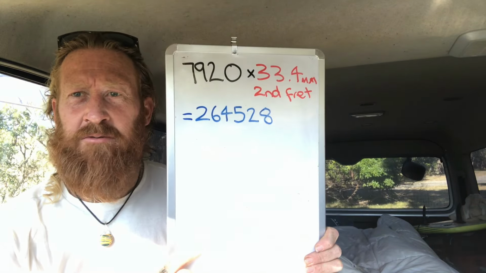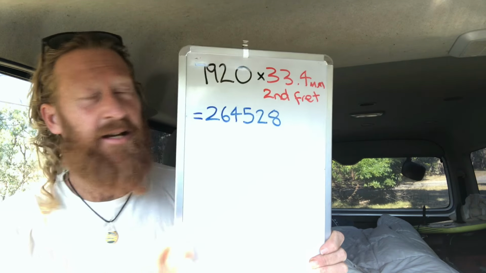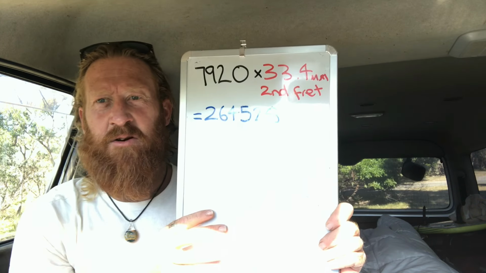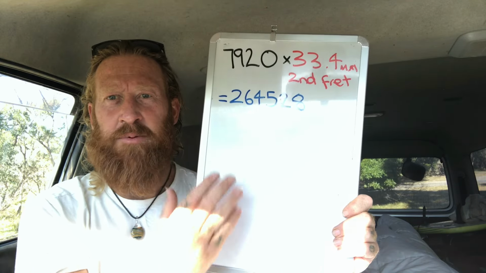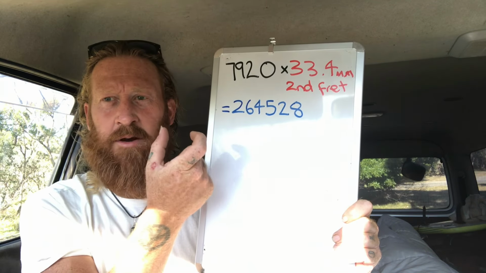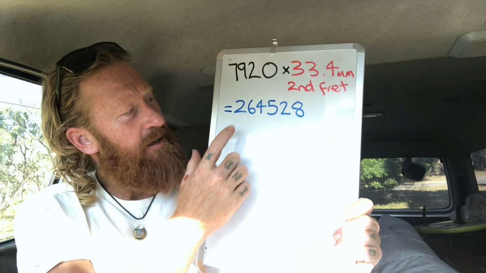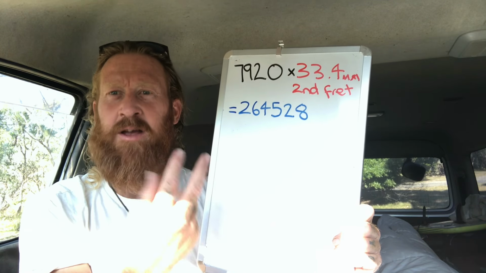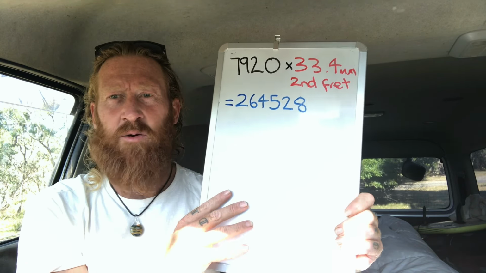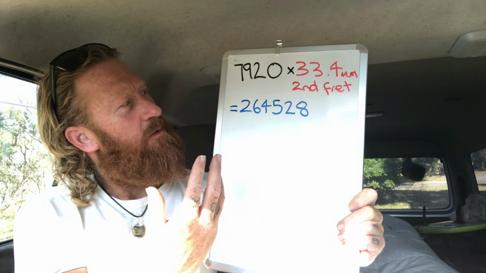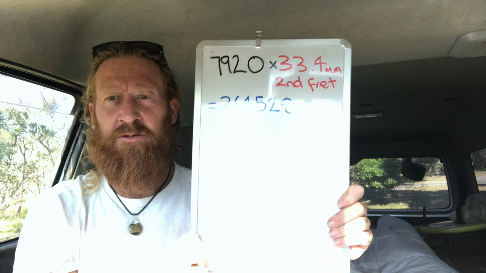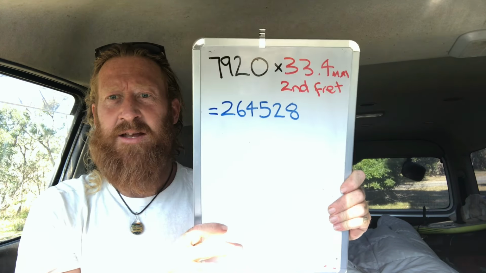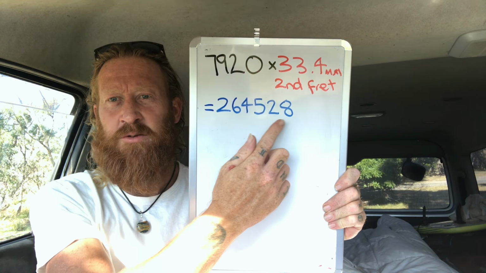Again, equatorial diameter of Earth, you're going to see this number a lot in kilometres and miles. 7,920 equatorial diameter of Earth. We times that by 33.4, which is the width of the second fret. And obviously the second fret, 2, Gemini means twin or double. So we take the second fret width and we times it by the equatorial diameter of Earth in miles, and we get 264,528.